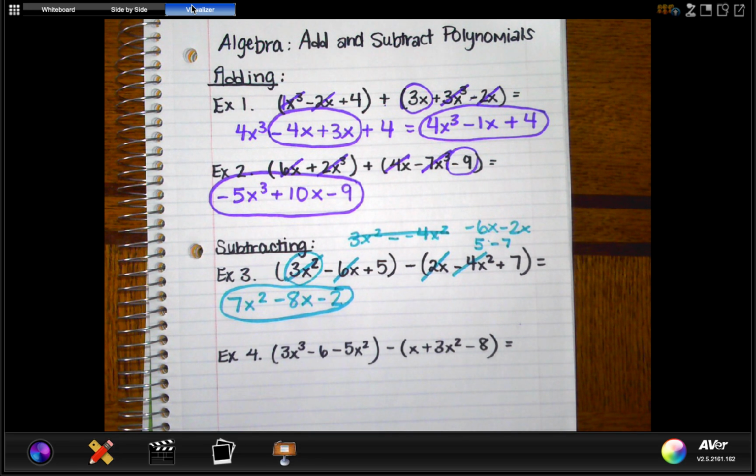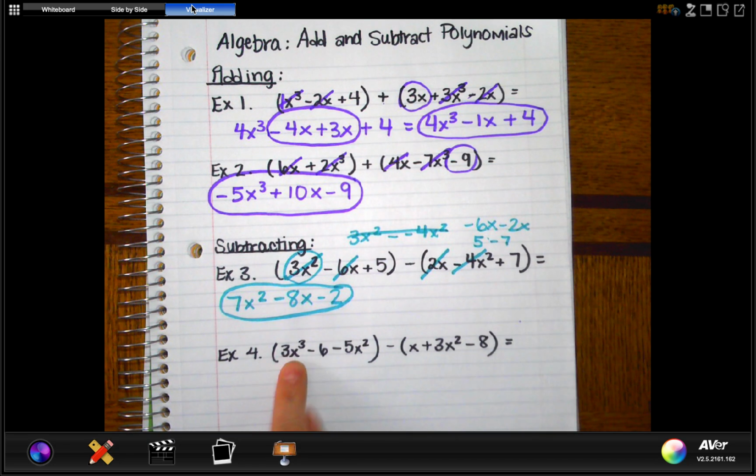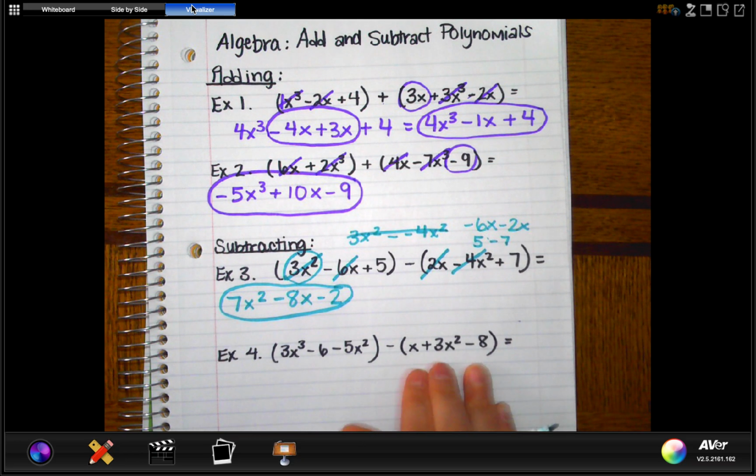Okay, last but not least, this one is challenging because not every term has a like term. And we're subtracting. So again, look for your highest degree. The highest degree here is 3x to the third power. But if I look over in my trinomial over here, I don't have anything to subtract from it because there are no x to the third powers over here.